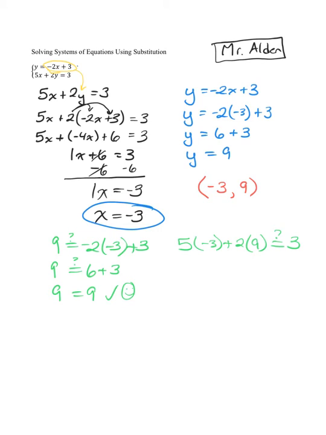So 5 times negative 3 gives us negative 15, plus 18, we think equals 3. Negative 15 plus 18, not 8, 18, is 3. 3 does equal 3.